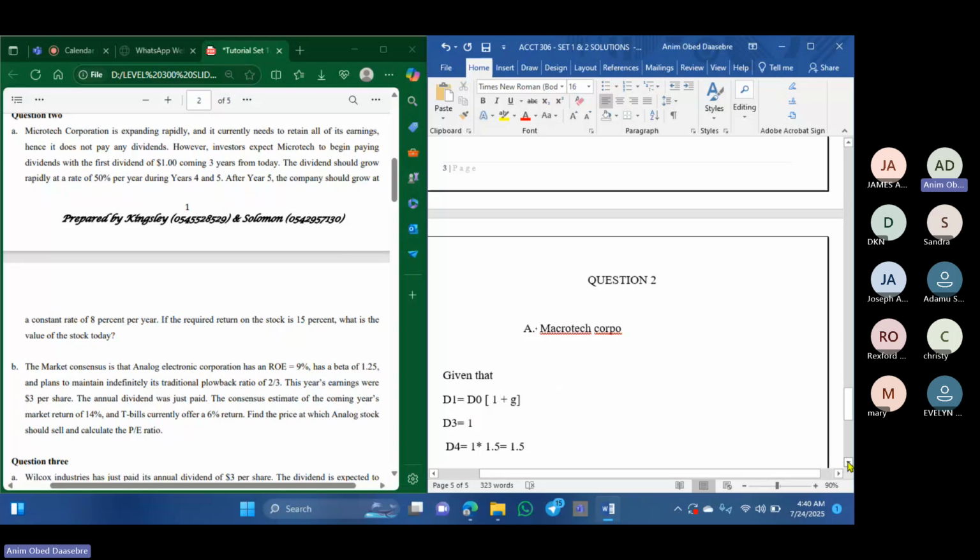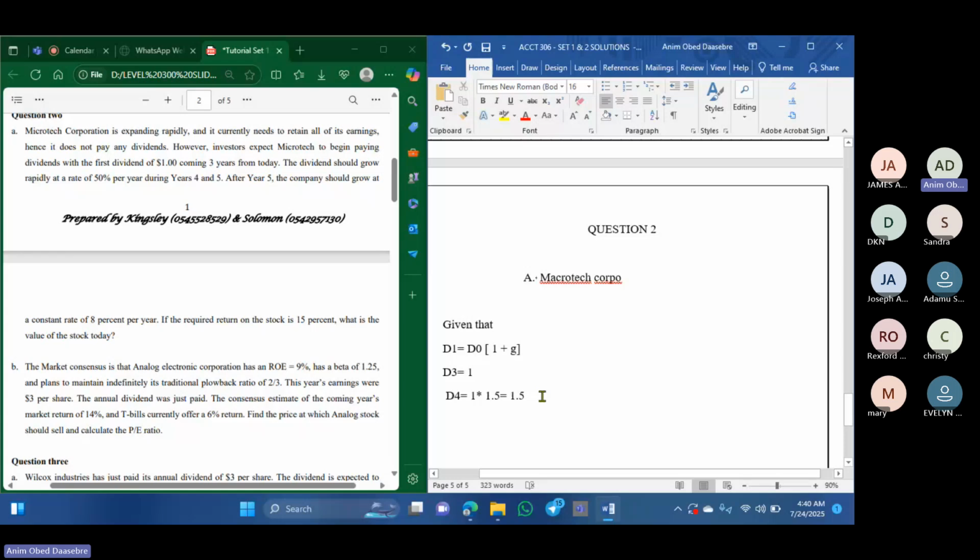When you do that, you get D3 and D4. And D5 will be what? 1.5 times 1.5. So you get 2.25.